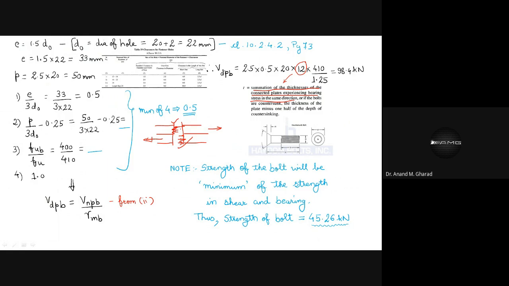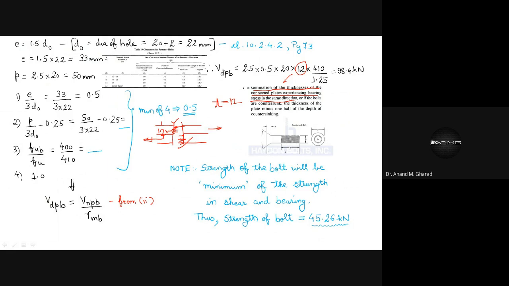Now, fortunately, in our case, the thickness of both the plates is 12 mm. Okay? So you are supposed to consider t equal to 12 mm. That means you are supposed to consider only one plate dimension.